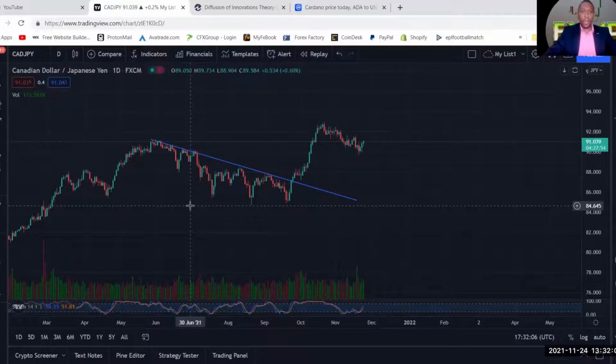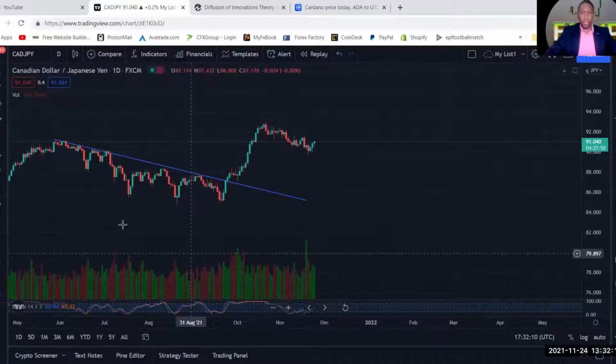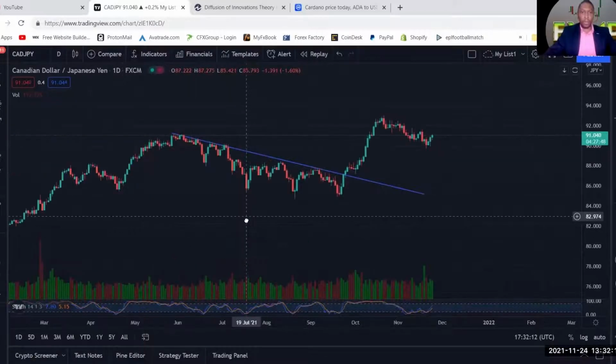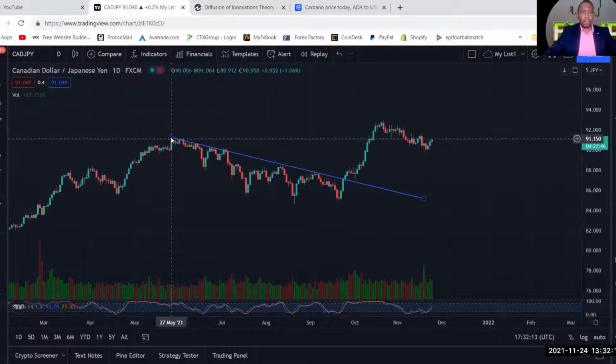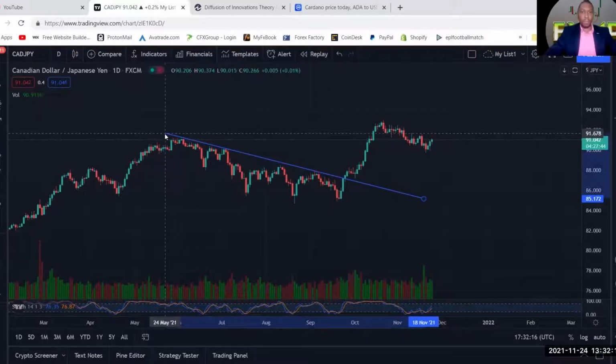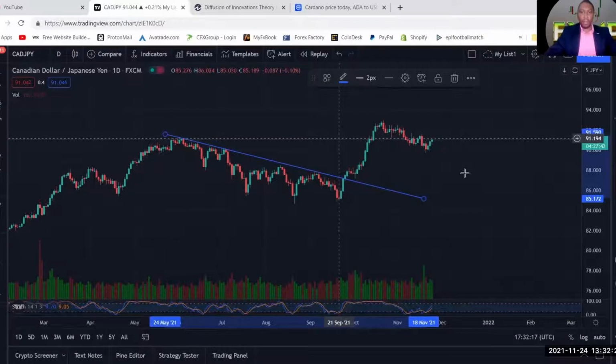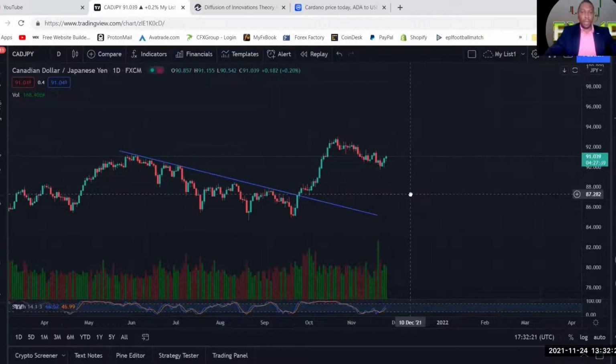So where we are at now is interesting, because on the 1 hour time frame I identified where we could have gotten an earlier buying opportunity, which I missed.